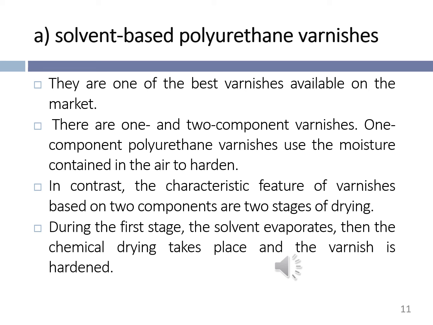There are one or two component varnishes. One component polyurethane varnishes use the moisture contained in the air to harden. These varnishes consist of one component or two components, and are called one component varnishes or two component varnishes.